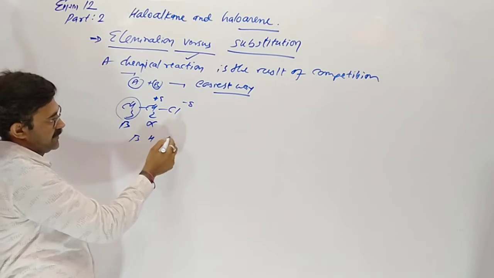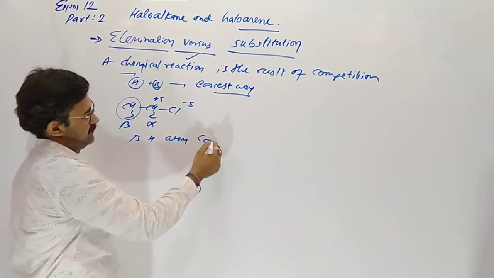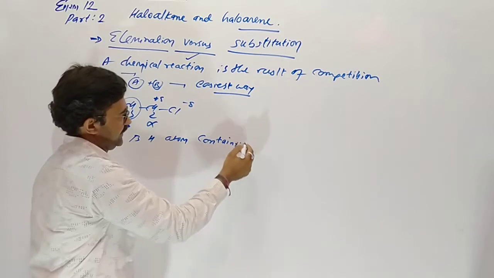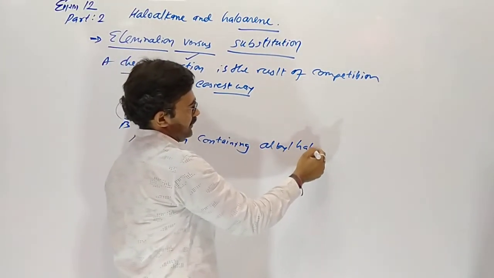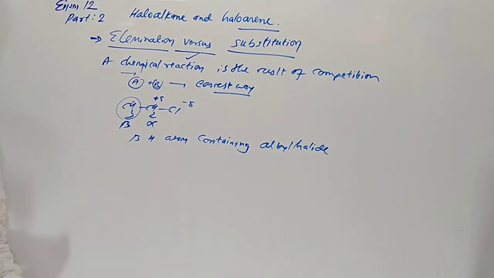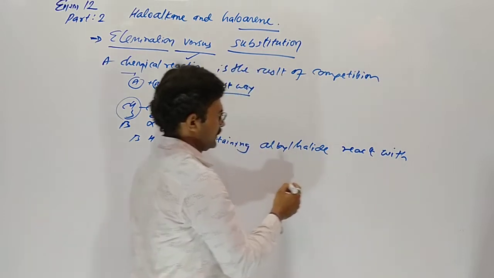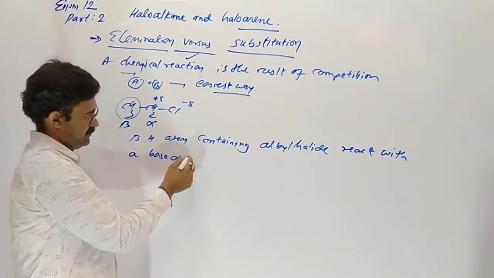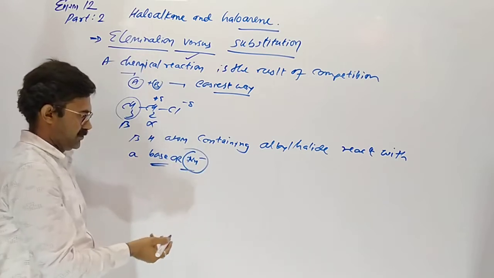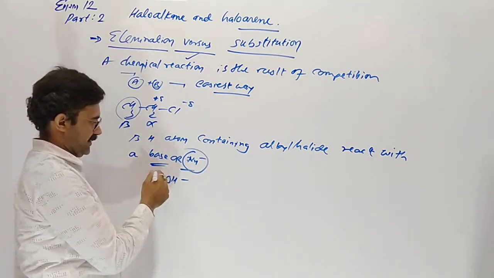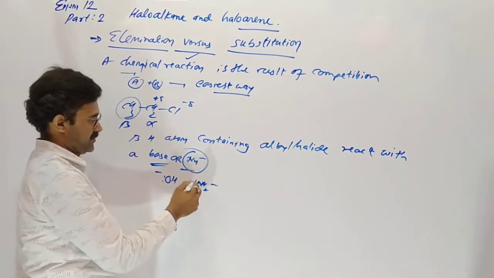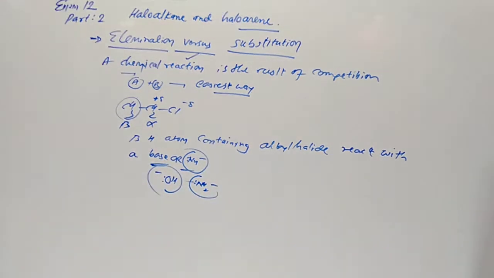So a beta hydrogen containing alkyl halide reacts with a base or nucleophile, like OH minus, NH2 minus, or RO minus.